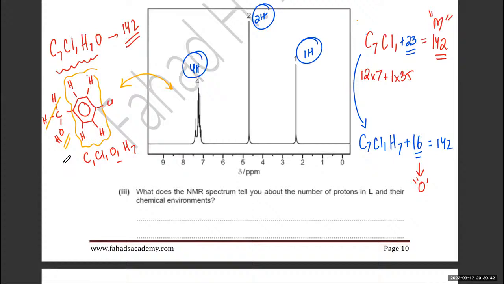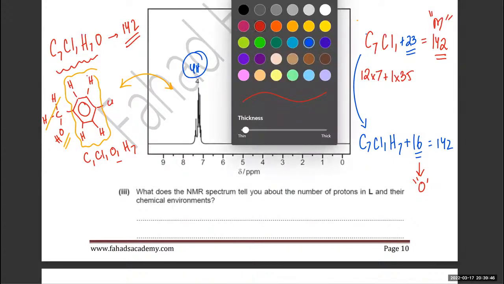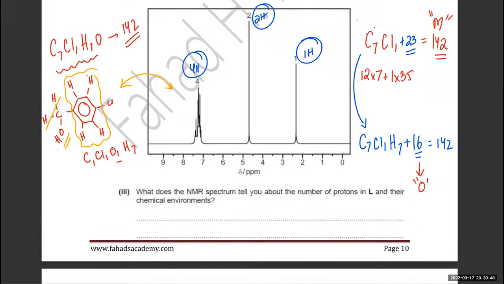Now there would be other versions of this molecule as well. The benzene is there, right? So maybe there's a Cl, there's an OH over here, and this one has 3 H's. And the benzene has 4 hydrogens.